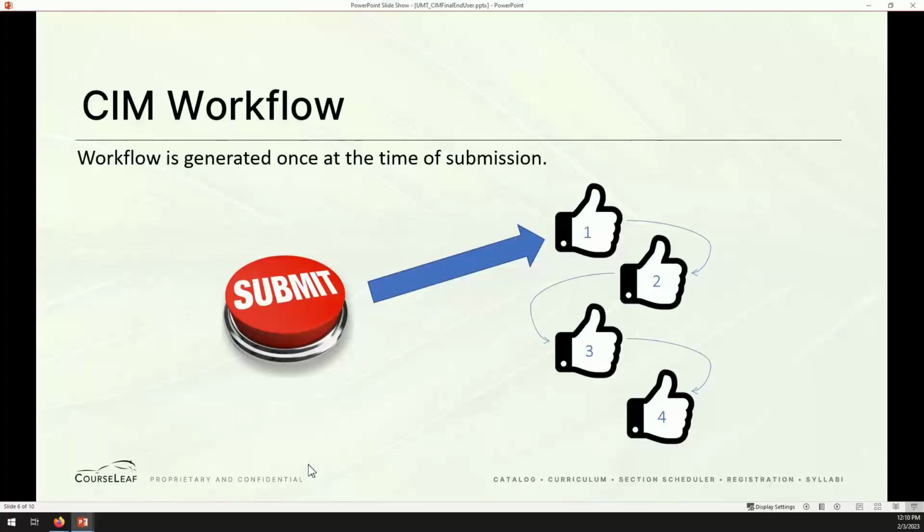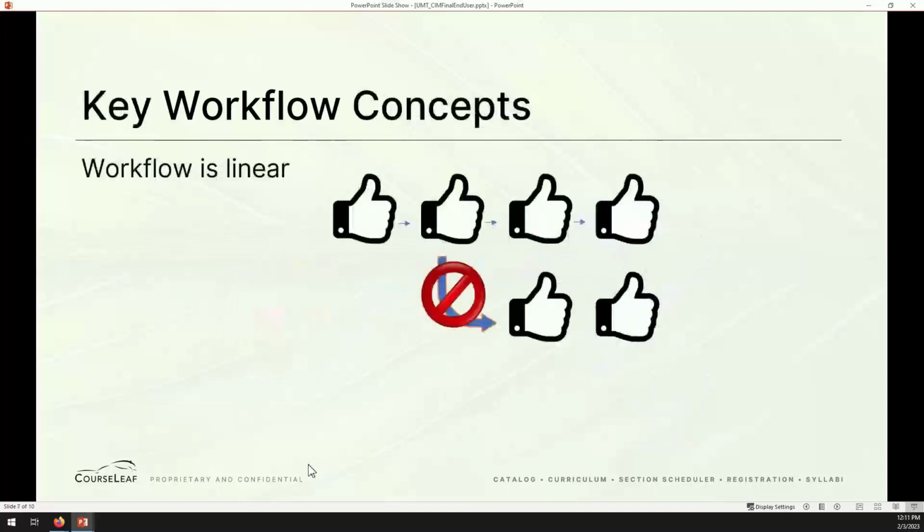So we don't send out the notifications to all the approvers at the same time. It must go step by step by step and receive approval to move on. There we go. So workflow is linear here. We're not going to skip steps here.